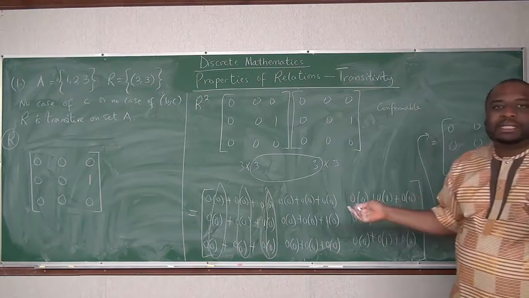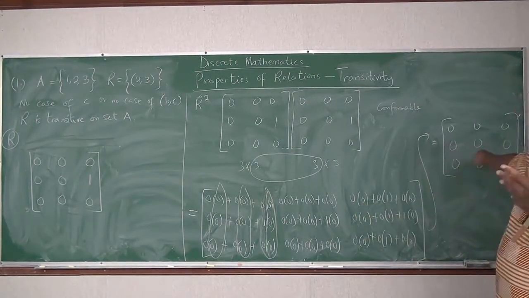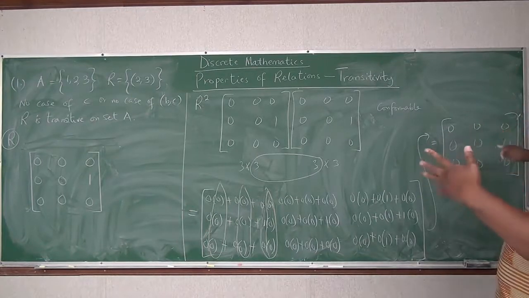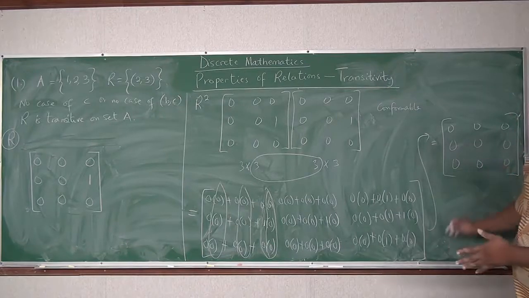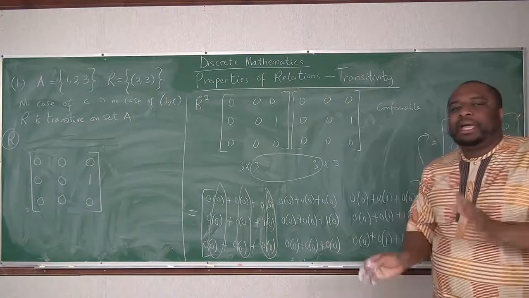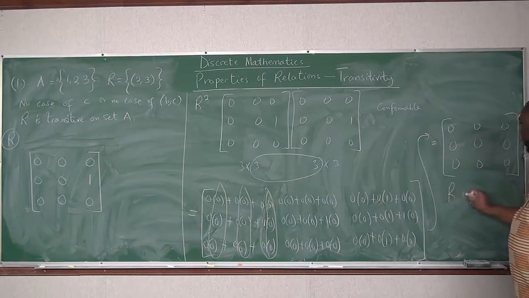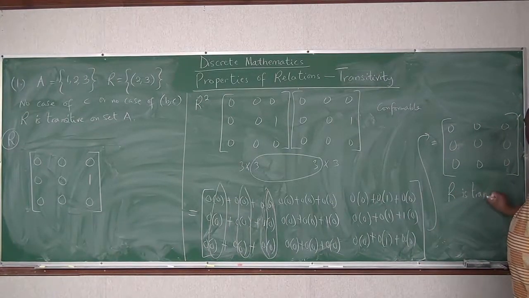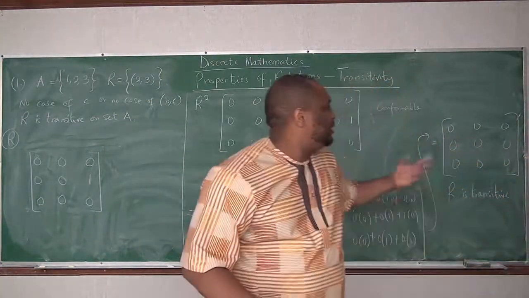In this case, you ask yourself, do we see any non-zero element here? No. We didn't see any non-zero element. So R is still transitive, because there is no case. It doesn't apply.